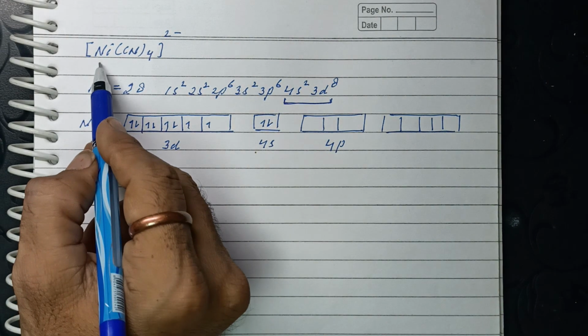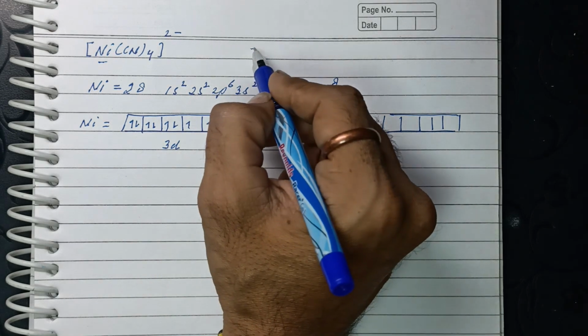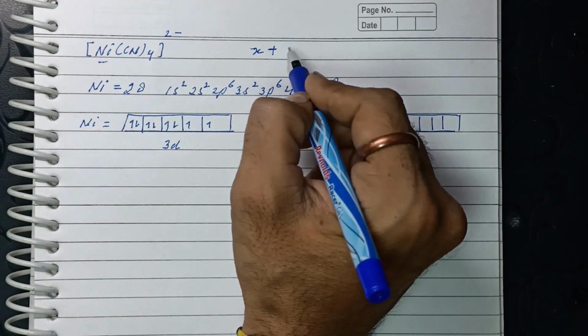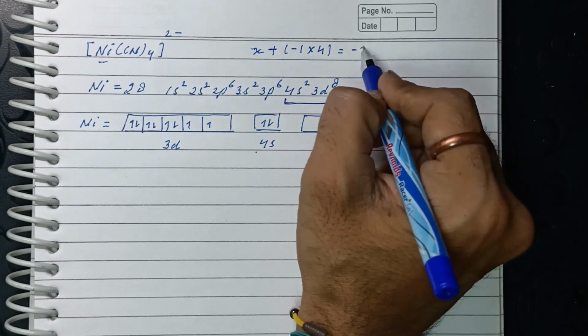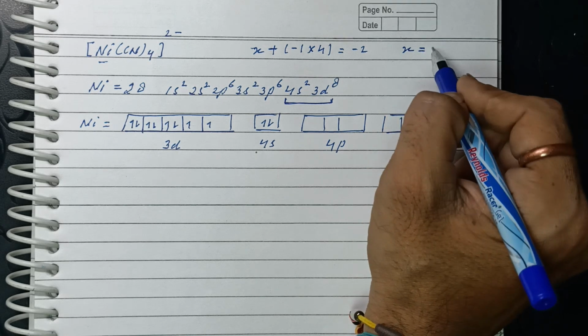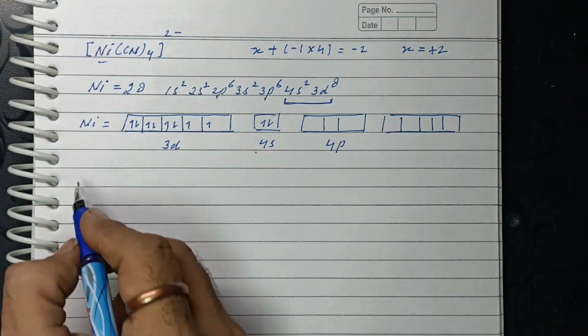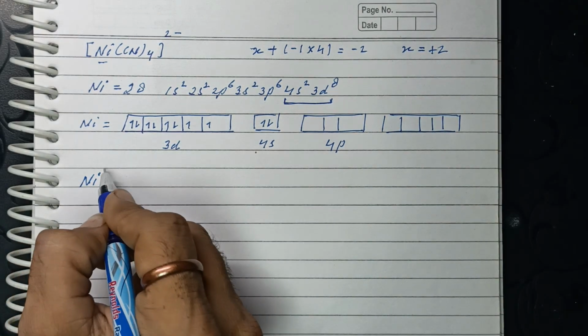Now find the oxidation number of this central metal ion. Let nickel be X plus cyanide, -1 into 4, is equal to -2. So X will come out to be +2. It means nickel will be losing 2 electrons.